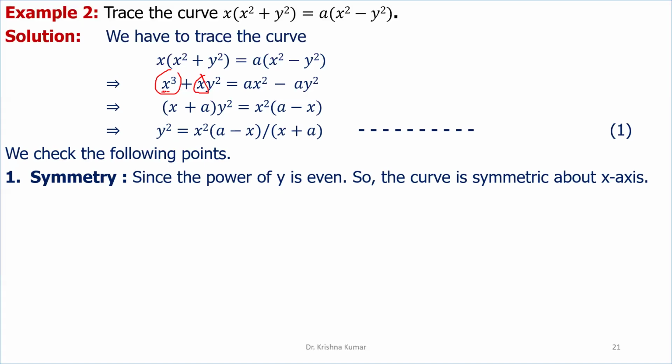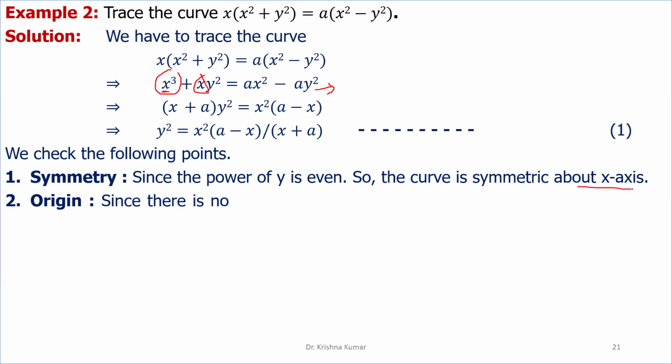If we replace x by y or y by x, the equation will change, so it is not symmetric about line y equal to x. Similarly, we can easily prove that it is also not symmetric about line y equal to minus x. Hence, the given curve is only symmetric about x-axis.